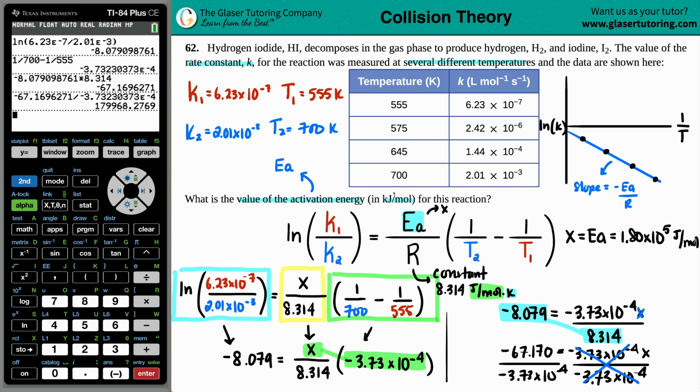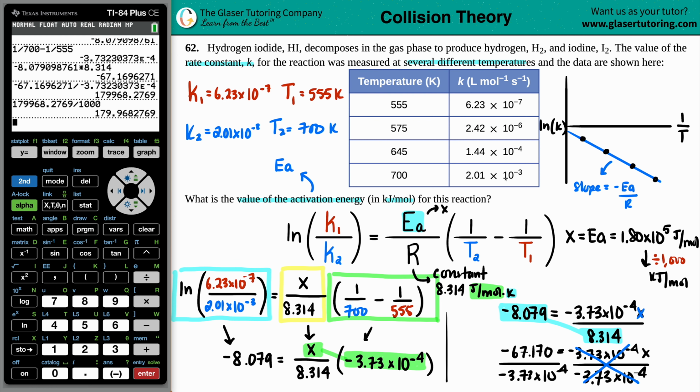But the idea here is that they want it in kilojoules. So we can go from joules to kilojoules per mole. Joules to kilojoules, all you have to do is divide by 1,000. So just take this number, divide by 1,000, and there you go. So I guess 180, and that is your activation energy.